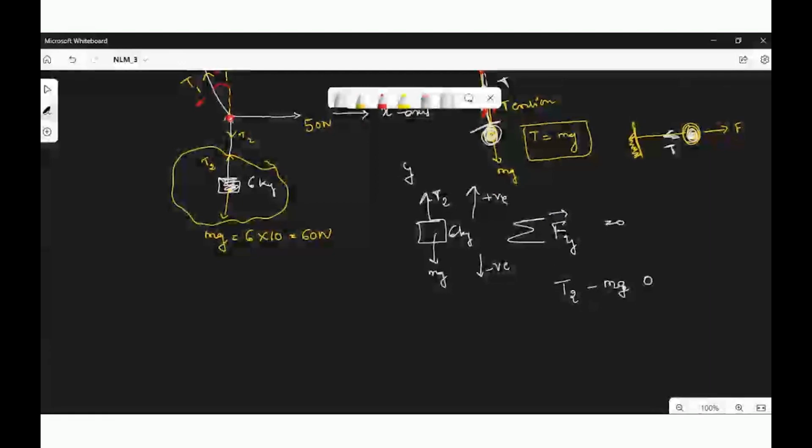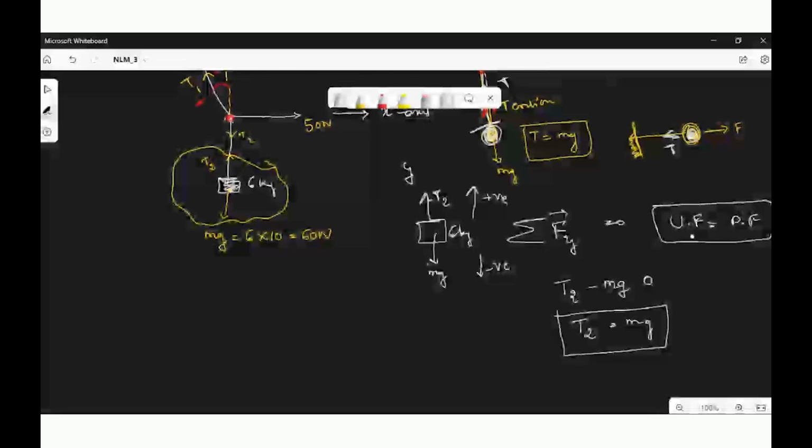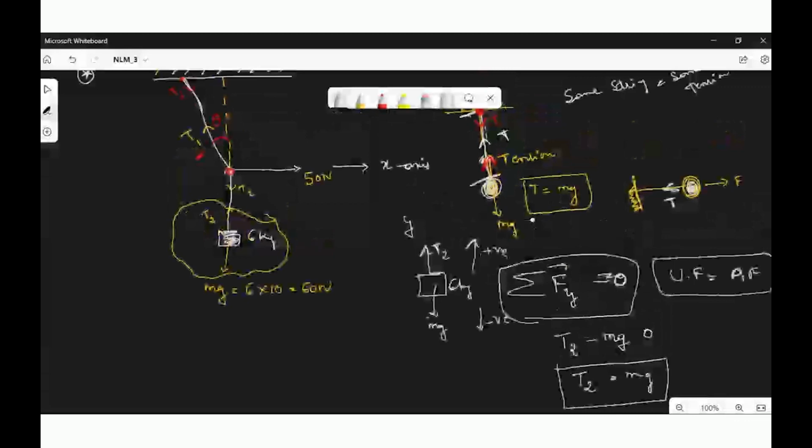There are 2 forces, and I can say T2 equals mg. You can even apply upward force equals downward force, I have no problem. Then you need not worry about plus and minus: all net upward must equal net downward. Or summation over Fi equals 0. Equilibrium means you do it like this. Non-equilibrium means you replace 0 by m into a.